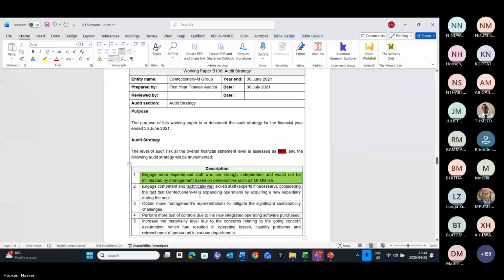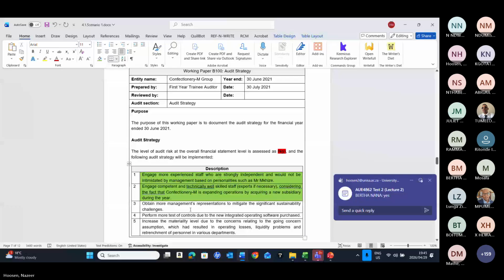Number 3, obtain more management representations to mitigate the significant sustainability challenges. The usual information you'd require, sir. Nothing, if there is a problem, yes, but other than that, the normal.